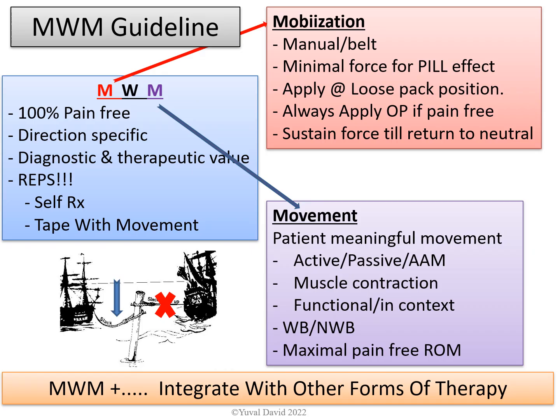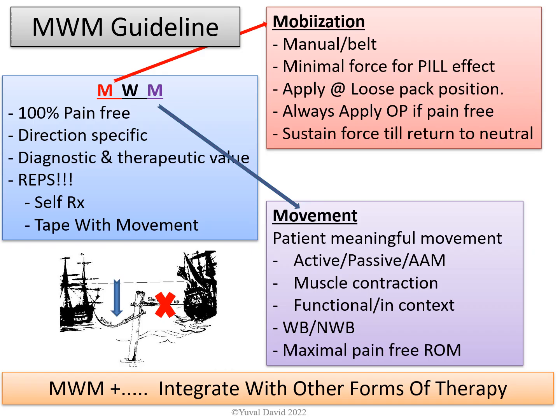Looking at the movement component of MWM, as mentioned, it should be meaningful to the patient, preferably active, but can be done passively or assisted active movement as well. If a muscle contraction is provoking the patient's symptoms, it can be used. We should try to make the patient movement as meaningful, contextual, and functional as possible.